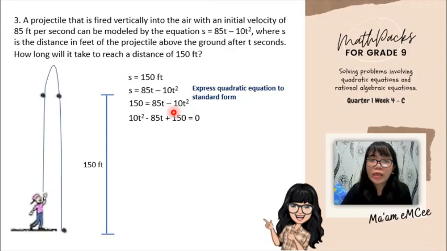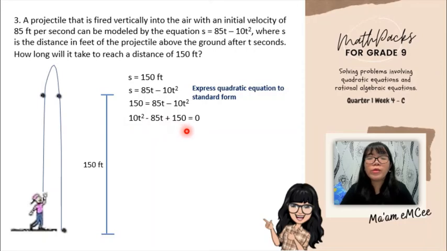Negative 10t squared will become positive 10t squared, and the sign changes because it was transposed. 85t will become negative 85t. And 150 will remain positive because it did not move. Since the terms moved to the left, what remains on the right is 0. So that is why we have equal to 0.